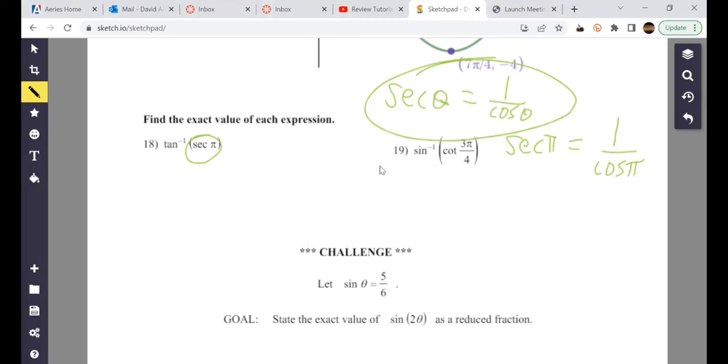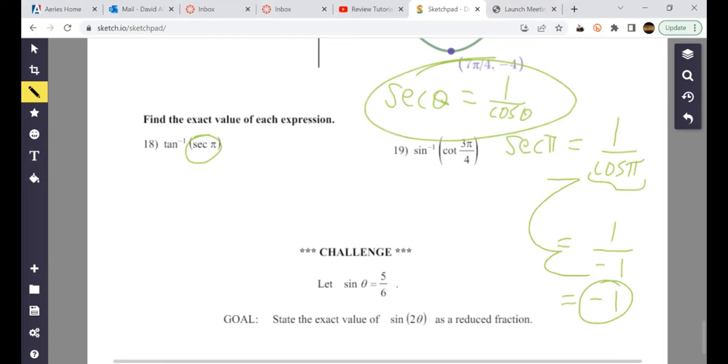And then from here, how much is cosine pi? You can go calculator if you want to, and you'll see that cosine of pi is -1. So it's 1 divided by -1, which is -1. So going back to the main problem, we have tangent inverse.